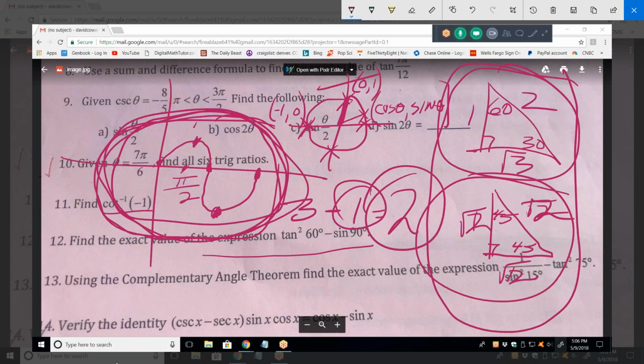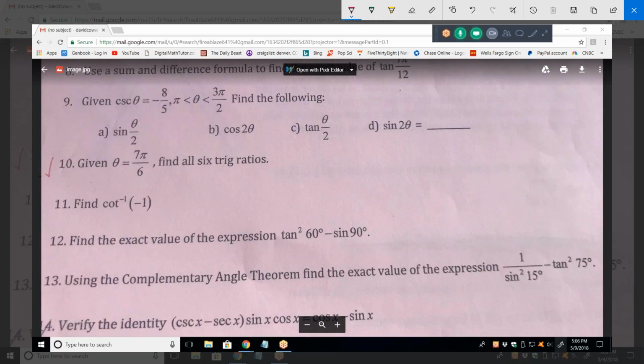You need to be able to draw a sine curve and a cosine curve, because when you can do that, you can answer a lot of these questions a lot easier. All right. So the complementary angle theorem, number 13, says the following. Here's the complementary angle theorem.